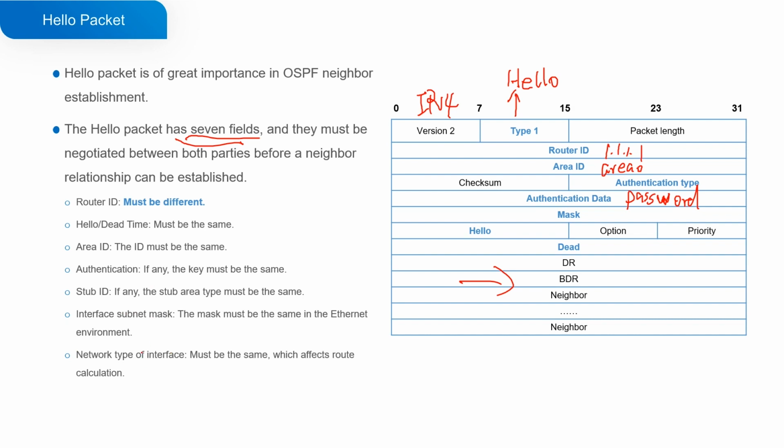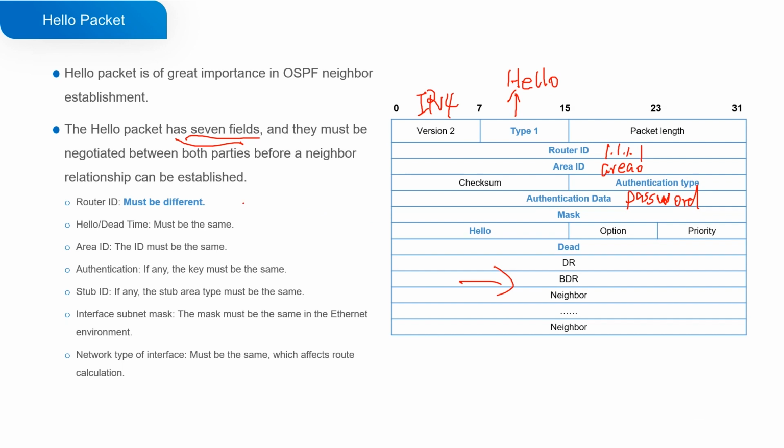The 7 fields have some rules we have to follow, and then the neighbor relationship will be built successfully. If we don't follow these rules of the 7 fields, the neighbor relationship can't be established.